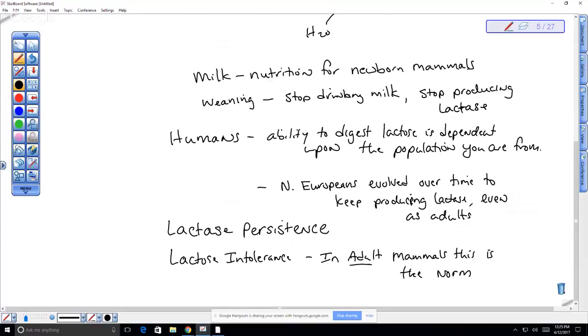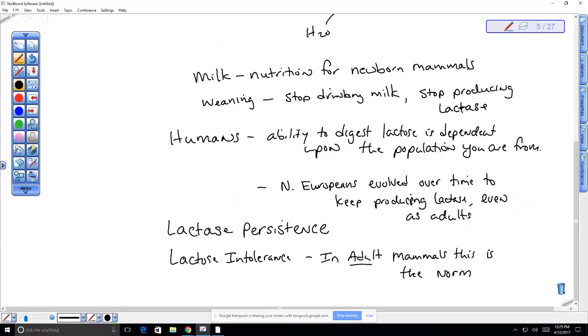And it is believed that the Northern Europeans have that ability because they live up in colder climates. And over the winter, they relied upon dairy animals to produce milk so that they could survive in these cold, harsher climates than, say, for example, if they lived in Asia or if they lived in Africa.